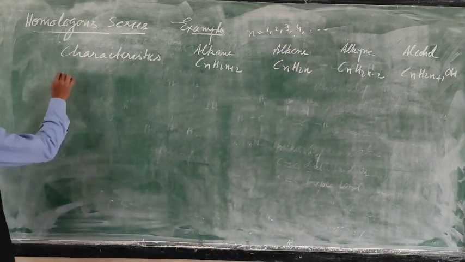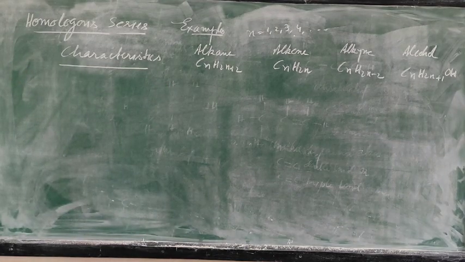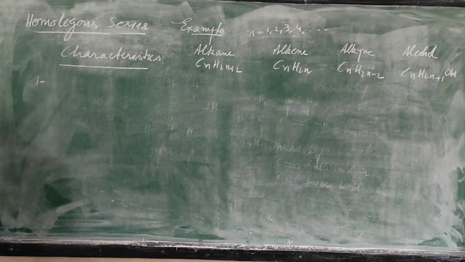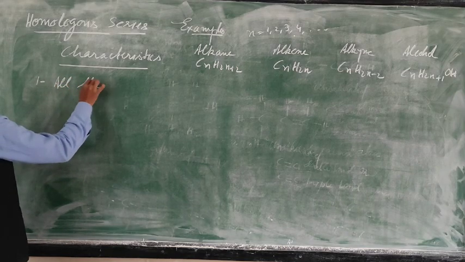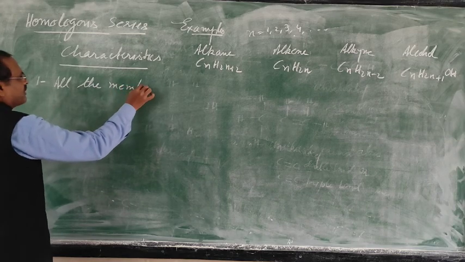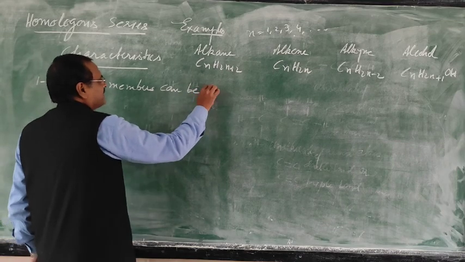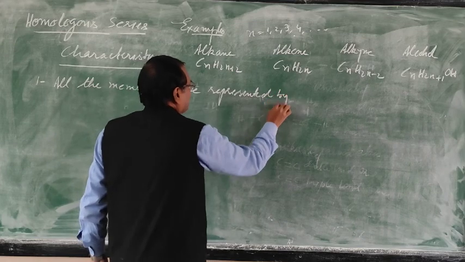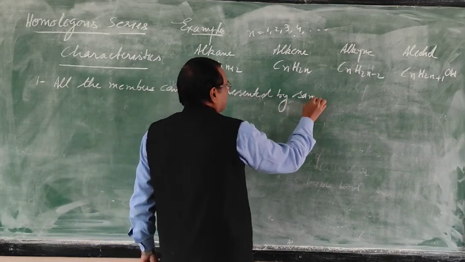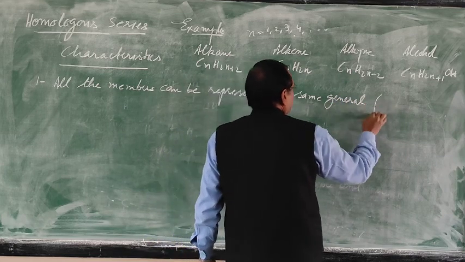Now next one is the general characteristics of homologous series. The first point is that all the members can be represented by the same general formula.